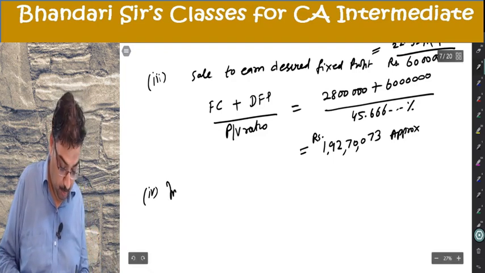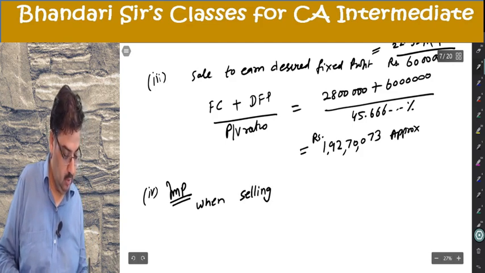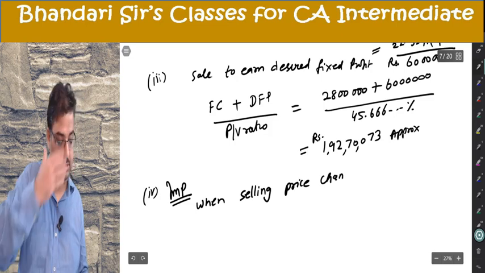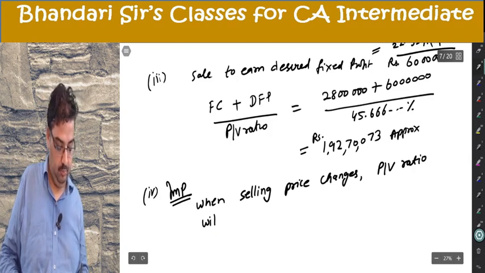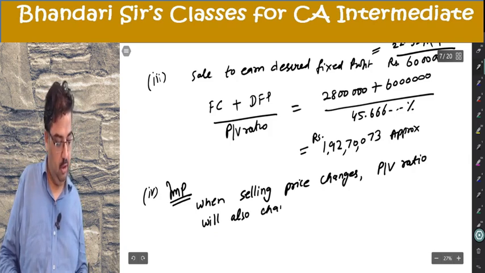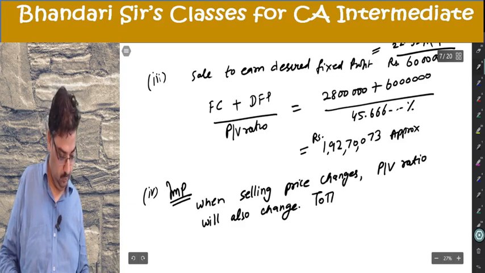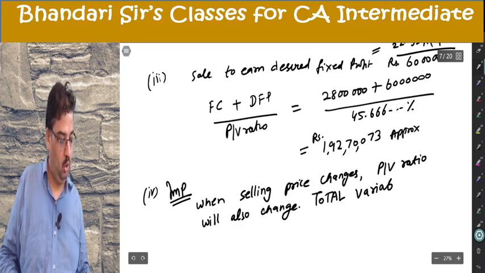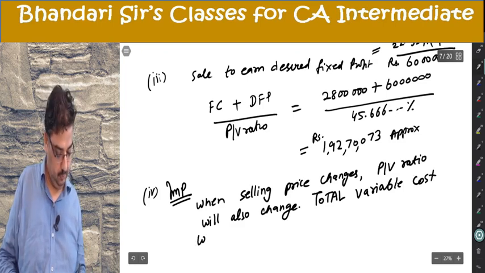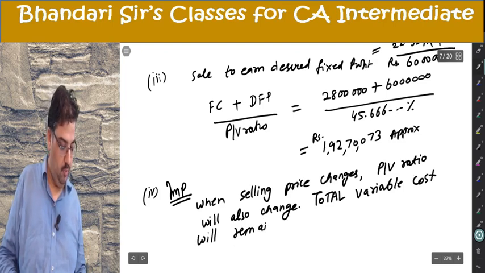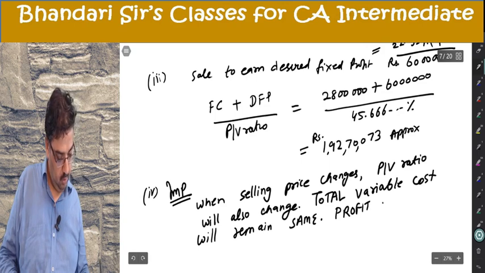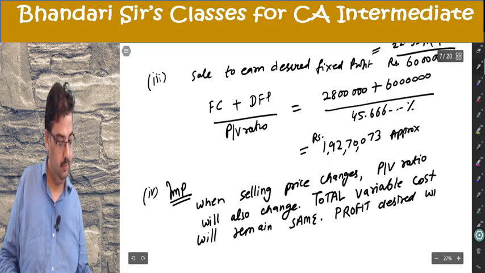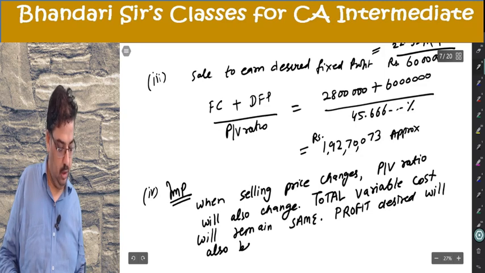So here important point to note: when selling price changes, PV ratio will also change. Total variable cost will remain same. Profit desired will also be same.